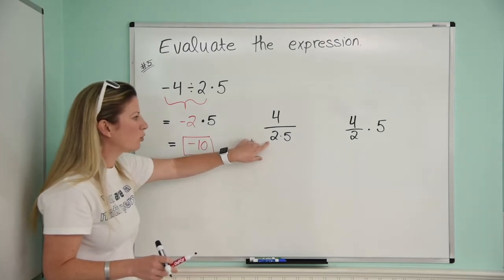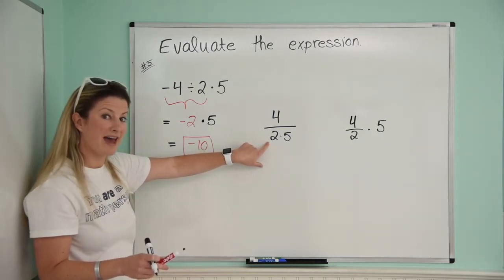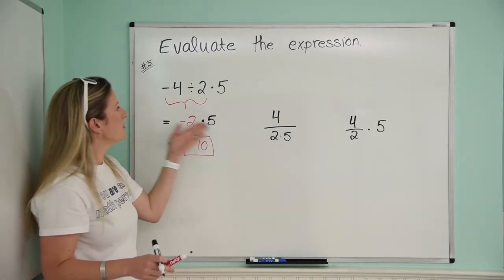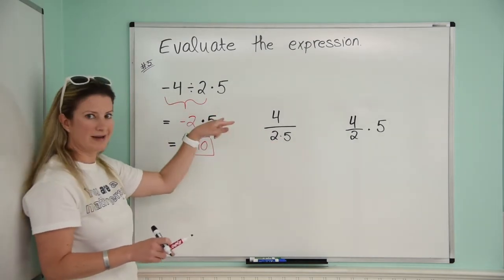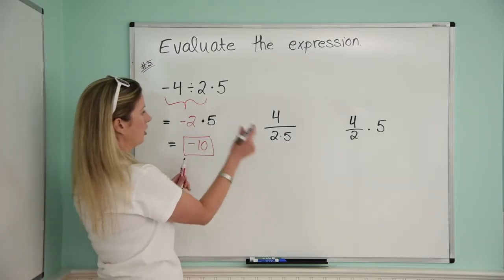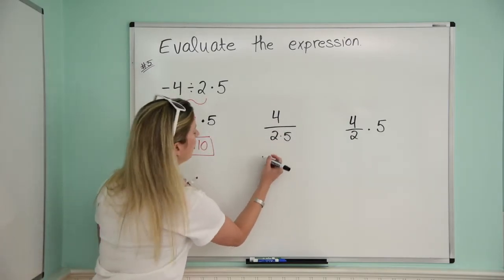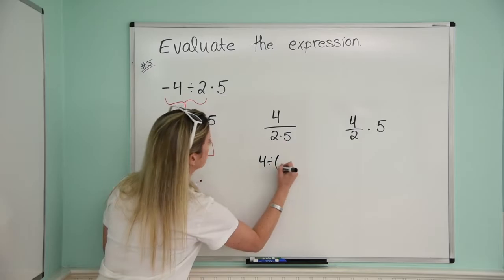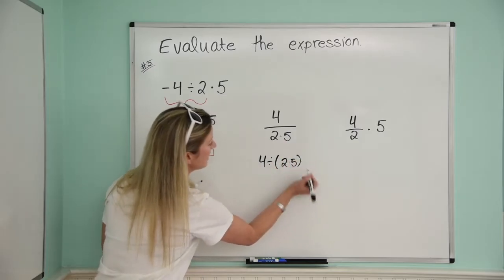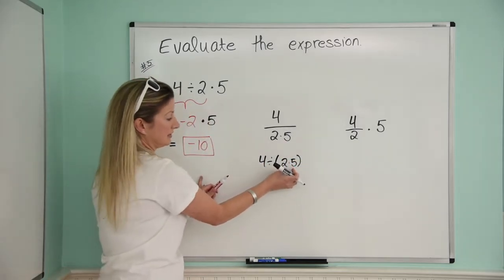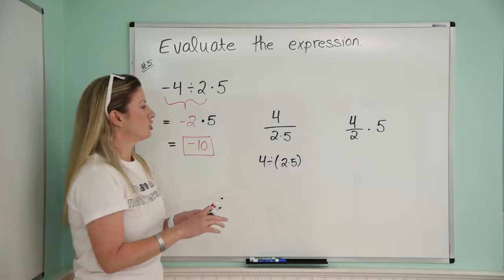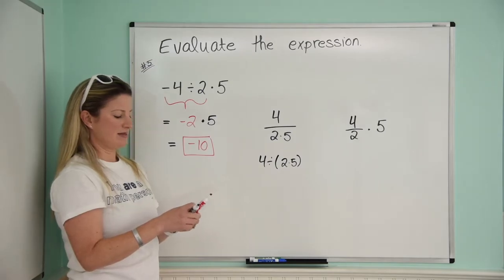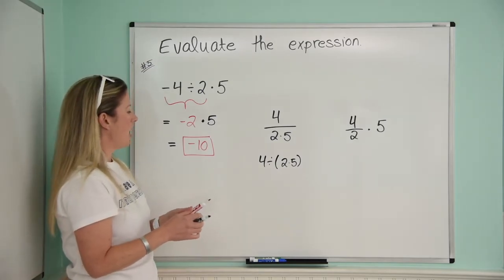But did the person writing the problem really mean that? That's a question. So if somebody means this, they're not going to write it this way. They're going to either write it like this with a fraction bar, or they're going to show the parentheses, meaning order of operations says this goes first, so then it does become 4 divided by 10, okay? So that's the big thing with this problem.